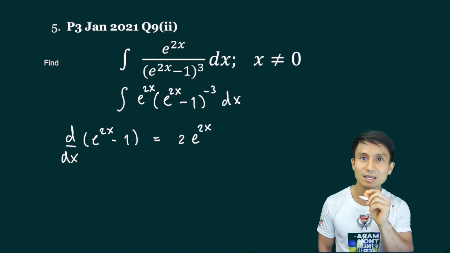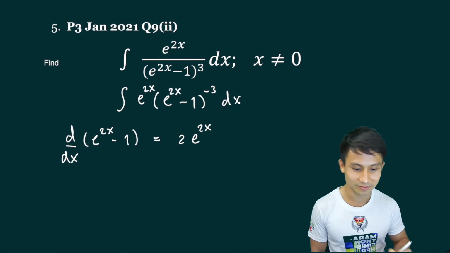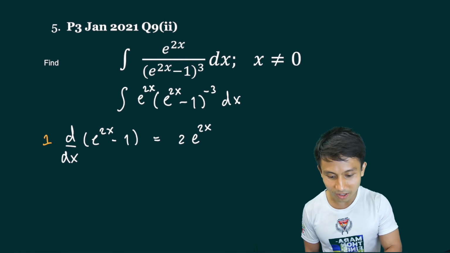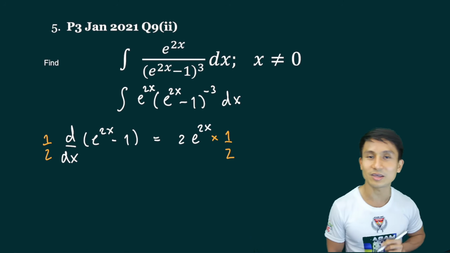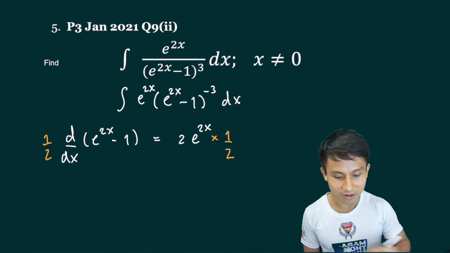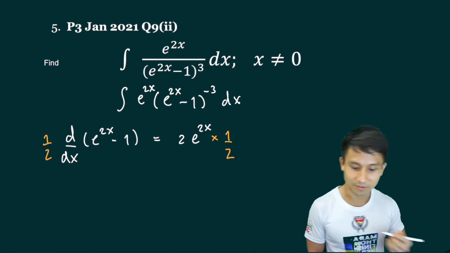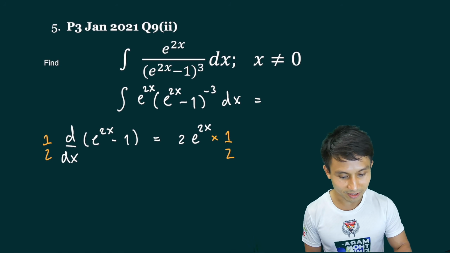It's not exactly e to the 2x again, but we can correct that. We multiply by 1/2 to cancel that 2 to make it exactly like the function on the side. And this will be our correction factor. So this whole thing will become easy.